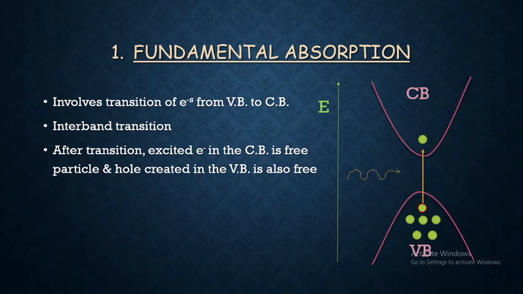So these act as carriers in semiconductors. From this we can understand that as more and more fundamental absorption takes place, more and more free carriers will be created, which means that electrical conductivity goes on increasing for this type of absorption process.